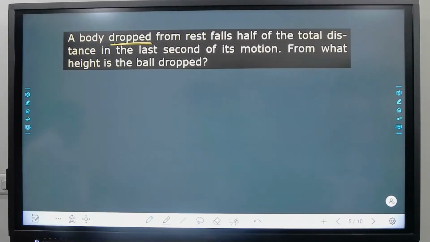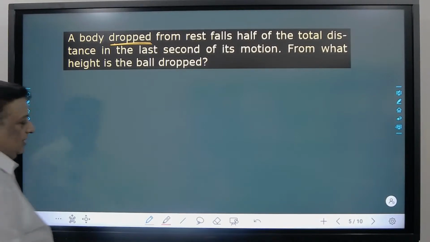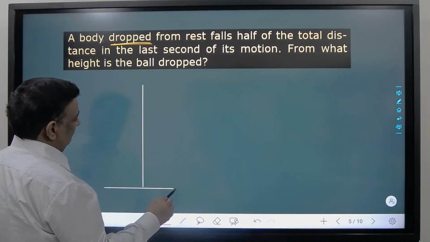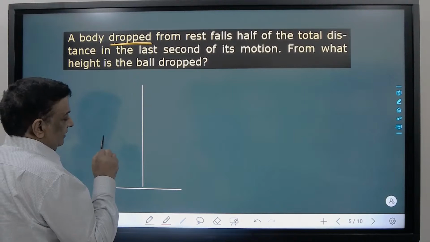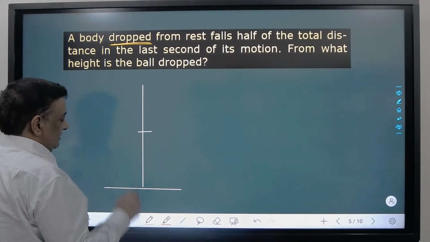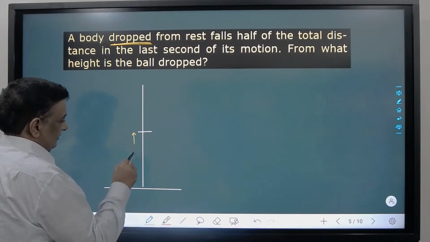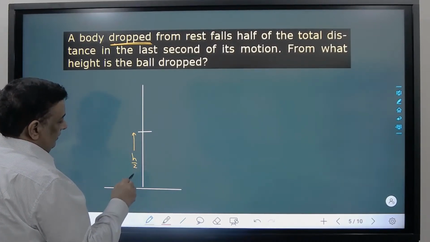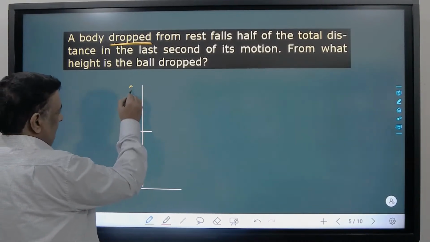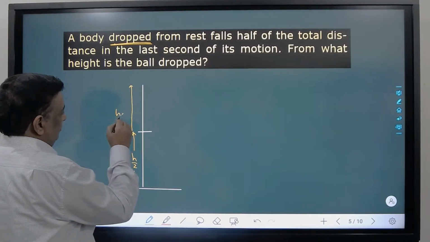Then we are given that in the last second, it travels half of the total distance of its motion. Whatever the total distance, so we say if it's dropped from height H, in the last second it covers half of the distance. Means if the total height is H, it covers H by 2 in the last second, and H by 2 in the remaining time.